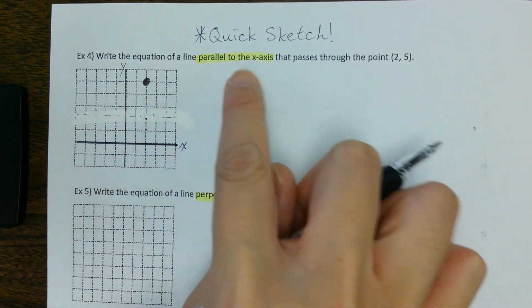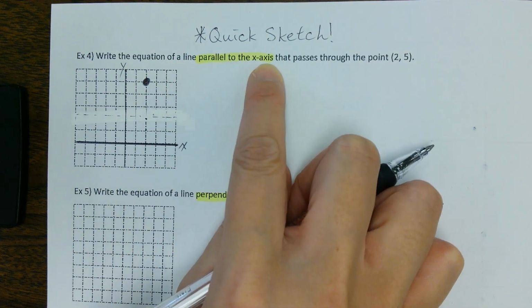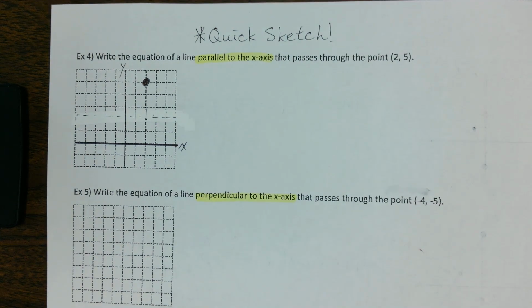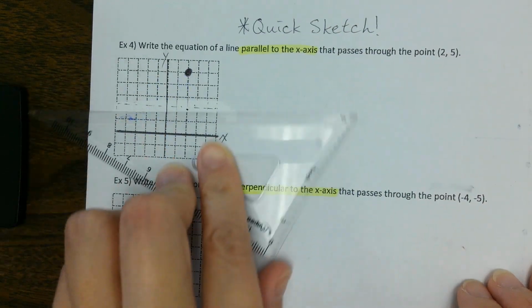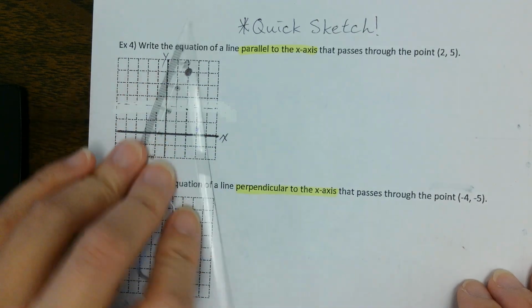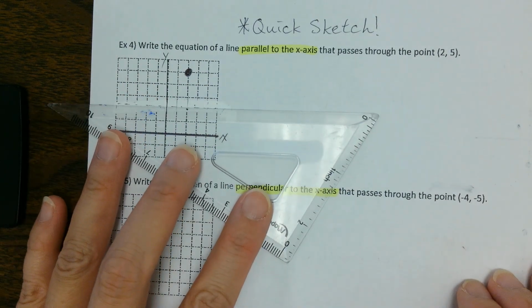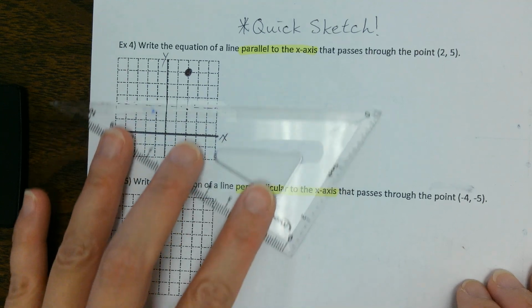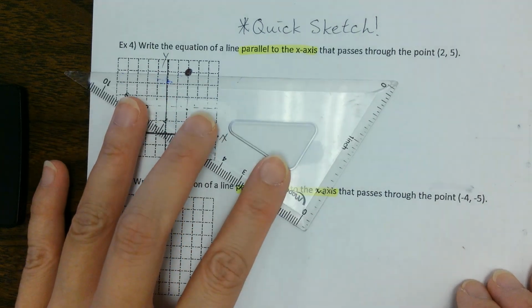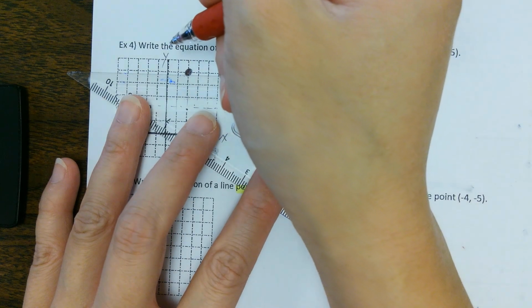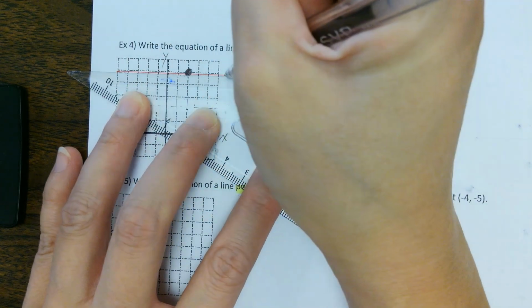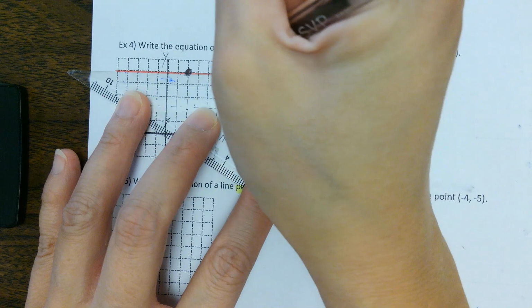Alright. Now I want a line that's parallel to the x-axis. Does it mean I'm drawing a horizontal line or vertical line? Horizontal. So if I want a horizontal line and it has to be parallel and it has to go through this point, that means my only option is this right here.